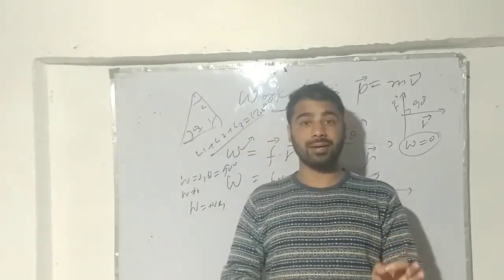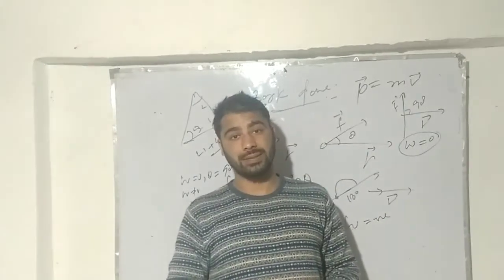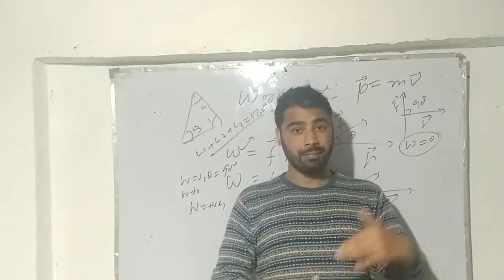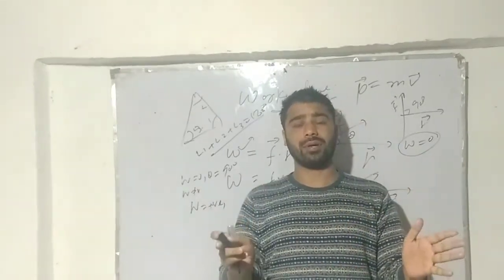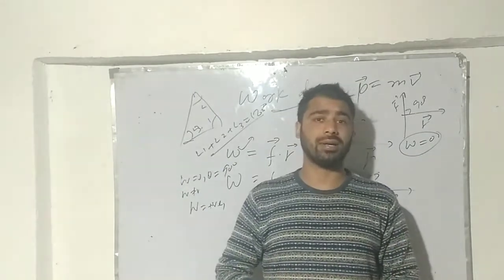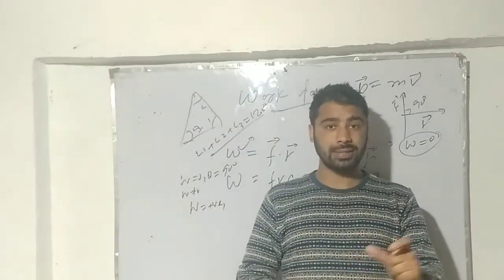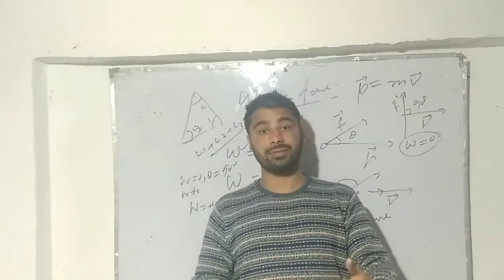Current is not a vector, although it is composed of both magnitude and direction. We call something a vector only if it follows the vector laws. This is a necessary and sufficient condition for something to be called a vector.